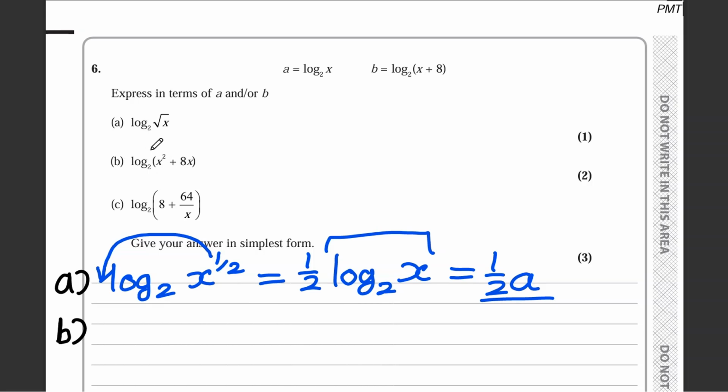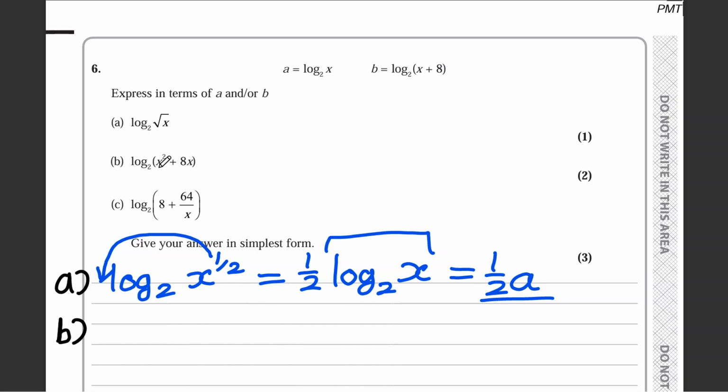Okay, so for part B, we have log base 2 of x squared plus 8x for 2 marks. Now let's compare it to a and b up here, and you can see that this is really similar to b here, this log base 2 of x squared plus 8x. You can see we have this x plus 8 in the brackets here, and here we have this x squared plus 8x.